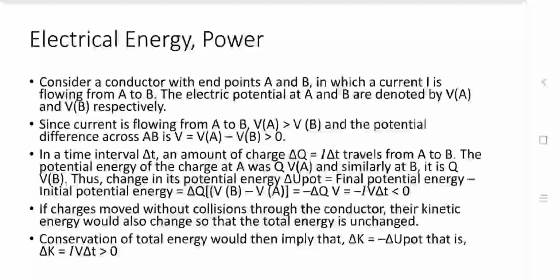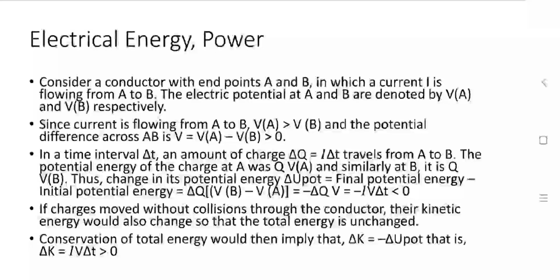So ultimately the total effect is not going to change. So the total energy of the charge is not going to change if kinetic energy is available. This conservation of total energy is defined by delta K equals minus delta U, where U is the potential energy, and that is always positive, that is I V delta t.